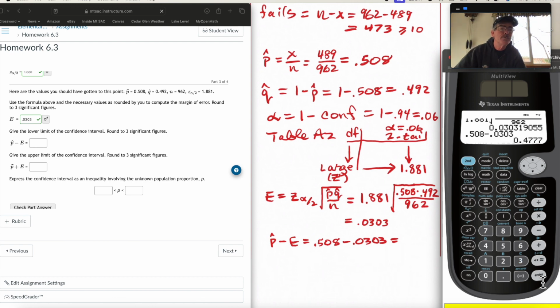Okay, so that's 0.477. I'm going to have to round that to 0.478, 3 significant digits. And then p hat plus e, same numbers, but add.